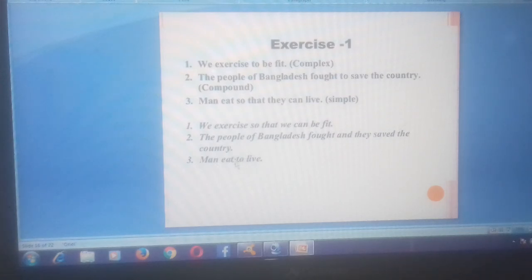Here only one subject. In simple, men is the subject, eat is the finite verb. But in complex, men is one subject, they is another subject. Eat is one finite verb, and live is another finite verb.